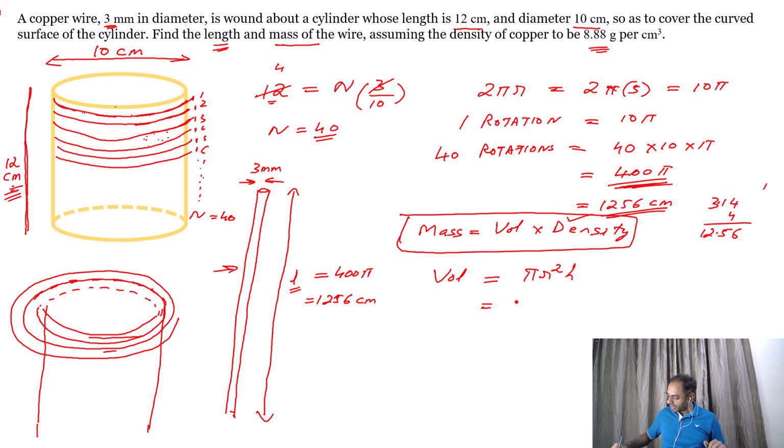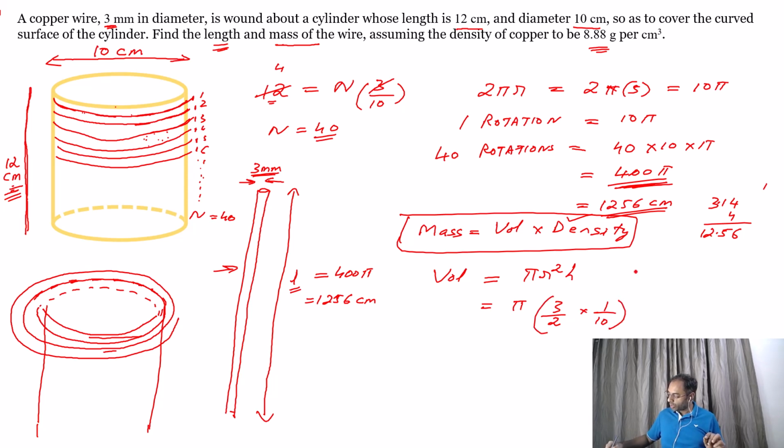We'll keep pi as it is, pi into r square. What is the radius? We know the diameter is 3 millimeters, so the radius will be 3 by 2, and it is in millimeters. If you have to convert that to centimeters, you have to divide it by 10.